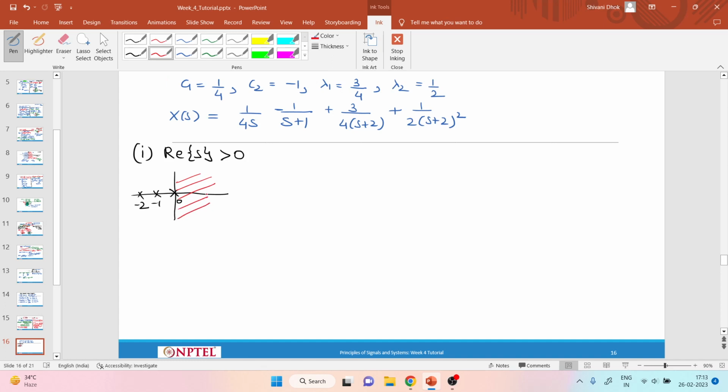So this means that all of these components will be right hand sided, then only in that case my region of convergence will be the intersection of the ROCs of these, so all of these components will be leading to a signal which is right hand sided.